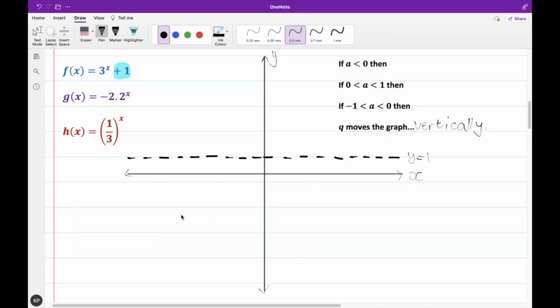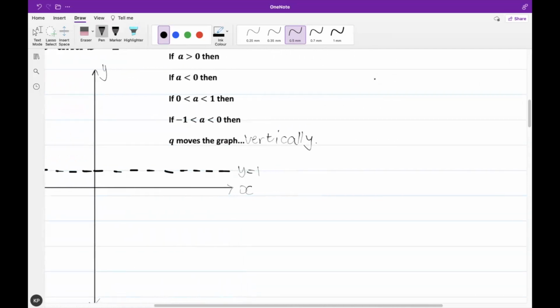The best way to sketch is to find your intercept. So we have f(x) = 3 to the power of x plus 1. How do we find intercepts again? We make one of them 0.